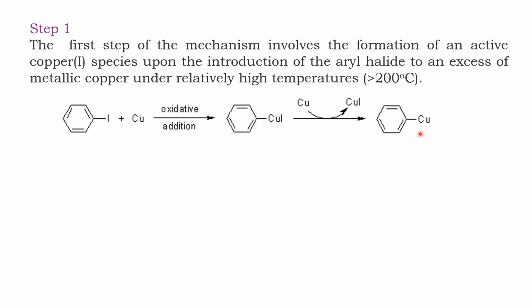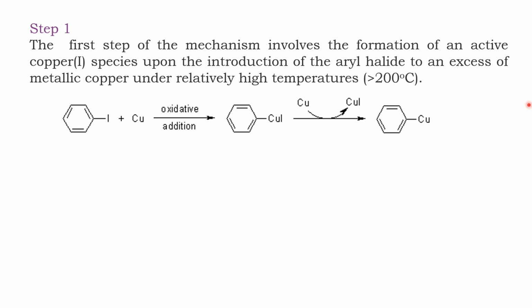So we could say in the first step an active copper species is formed by the interaction of one of the aryl halides with copper powder or metallic copper. So oxidative addition occurs followed by elimination to form copper active species.